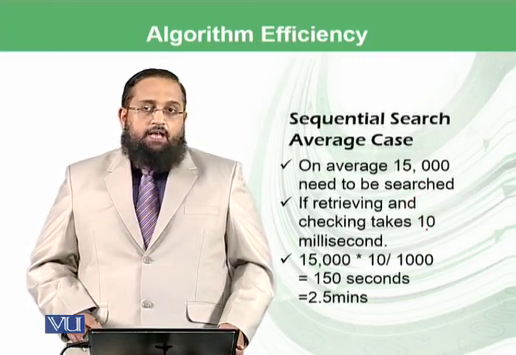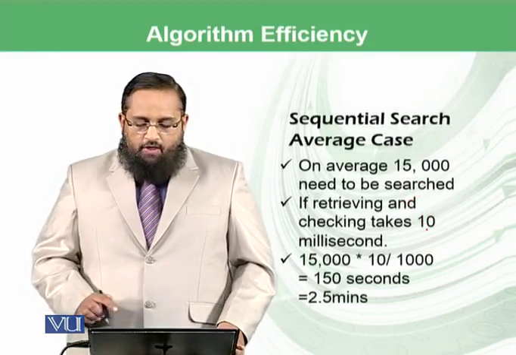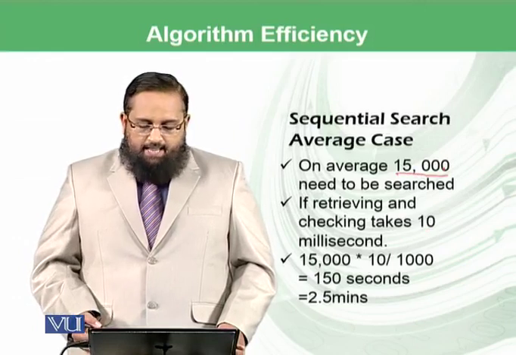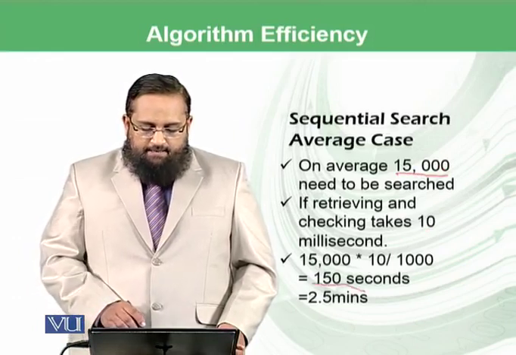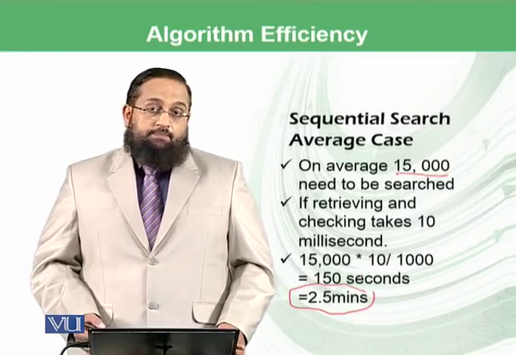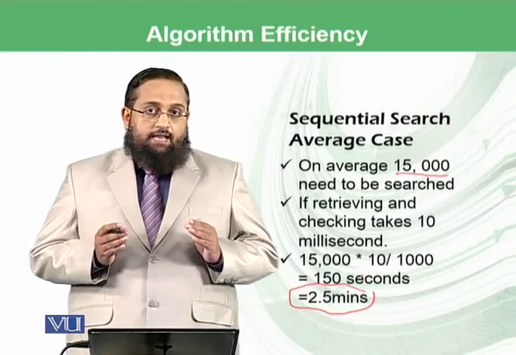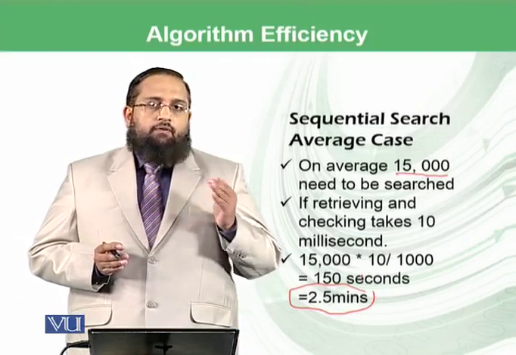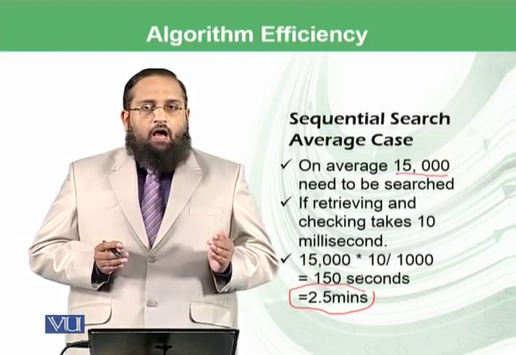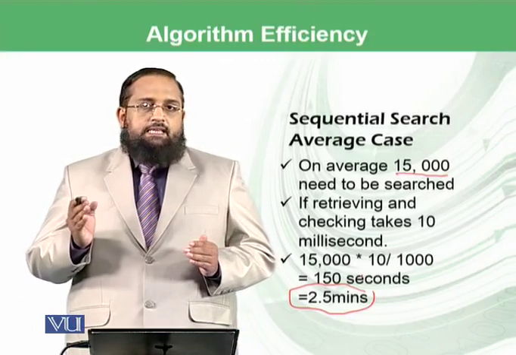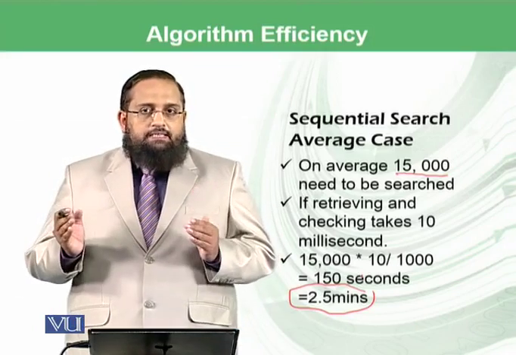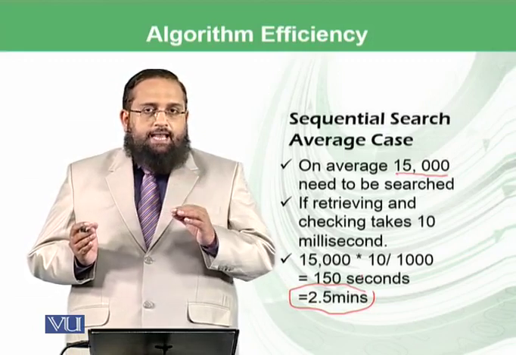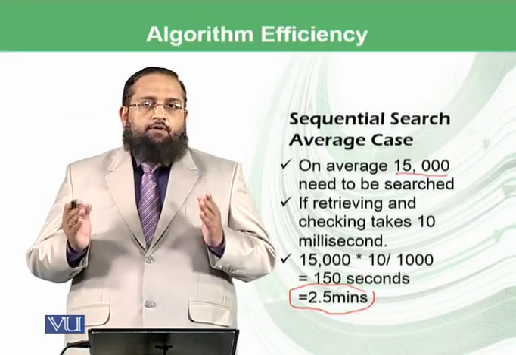On average, the sequential search algorithm will need to process 15,000 entries, and it will still need 2.5 minutes. However, the worst case scenario of the binary search algorithm only takes 0.15 seconds for the same data.